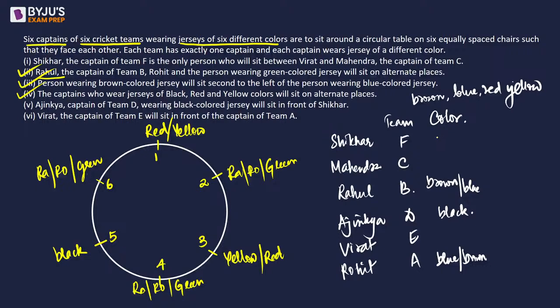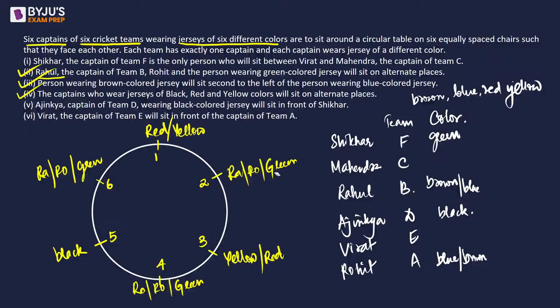The color is going to be, since brown and blue are used, which will be for Rahul and Rohit, and Shikhar goes there. So it has to be green, right? Because if Rahul and Rohit are going to be here, that would mean that this statement will not hold, because in front of Ajinkya, we directly need Shikhar.